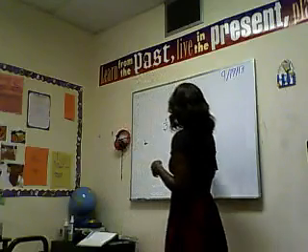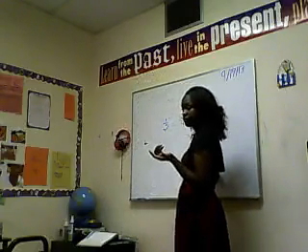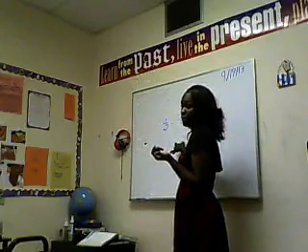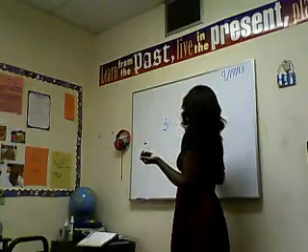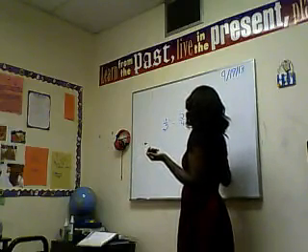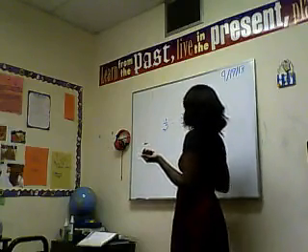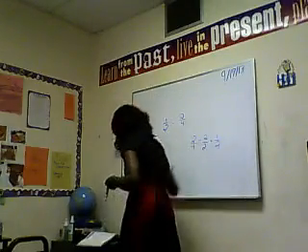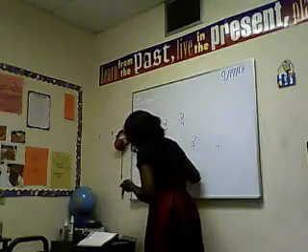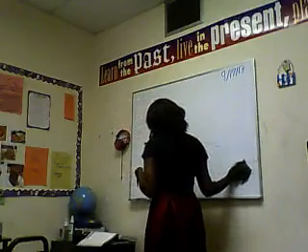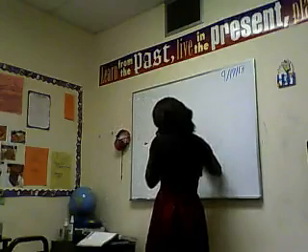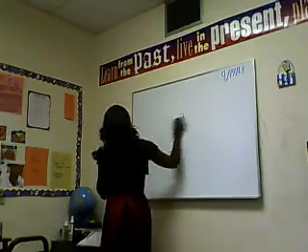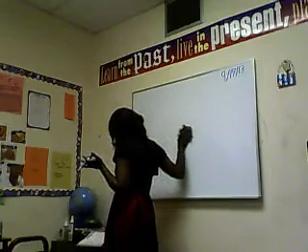So I divide the numerator 2 by 2, and then the denominator also by 2. That gives you 1/2. You can multiply or divide to get equivalent fractions. Look at number 1.